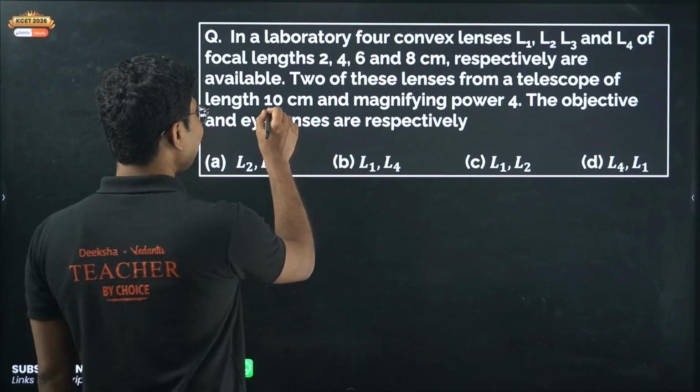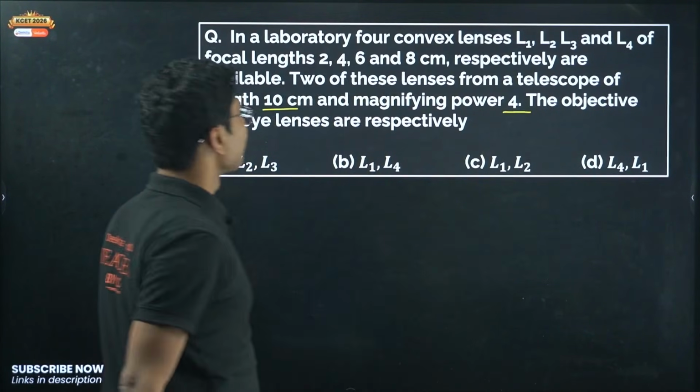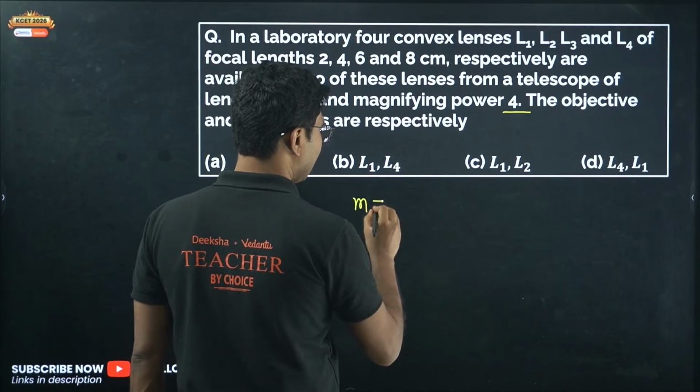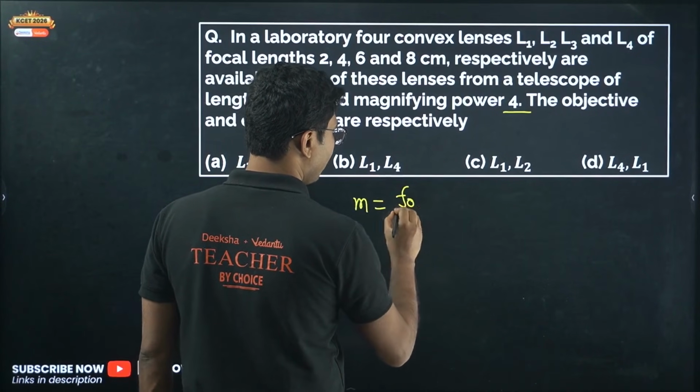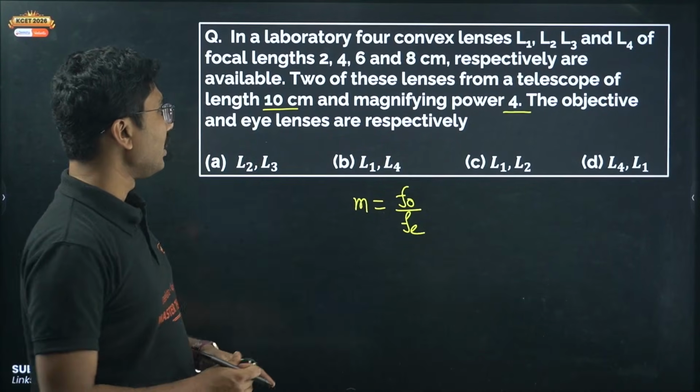Okay, so the length is 10 cm and magnifying power of 4. Magnifying power of 4 means magnification is basically F of objective divided by F of eyepiece.